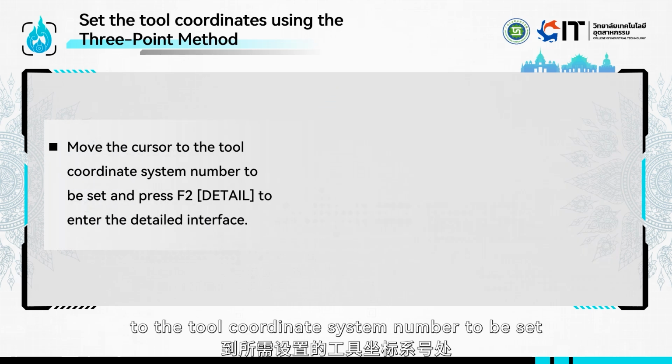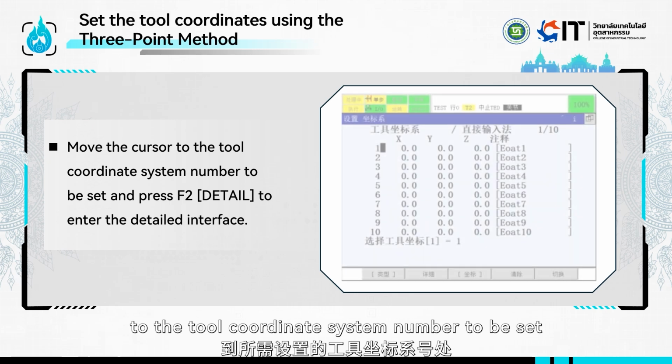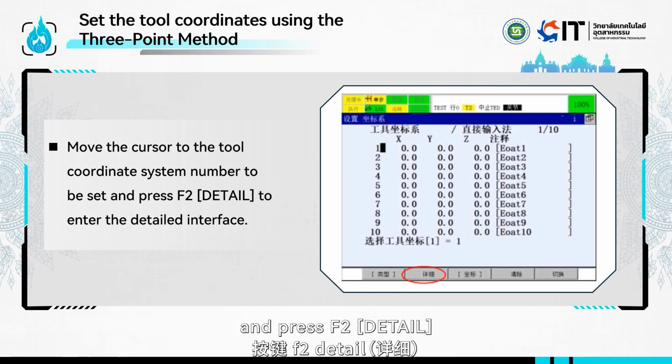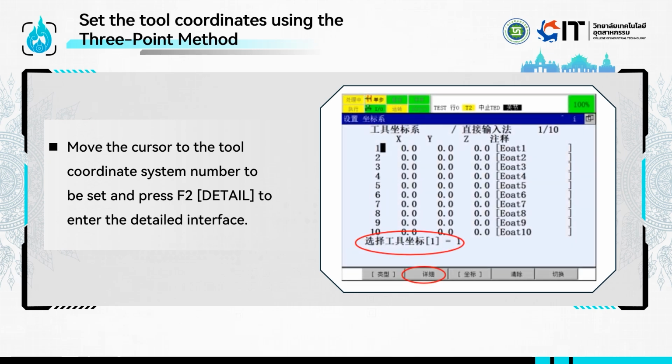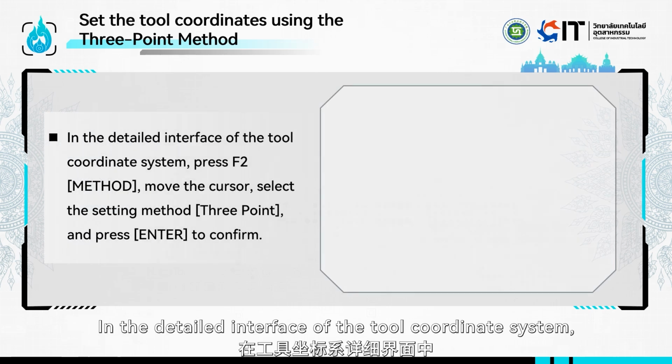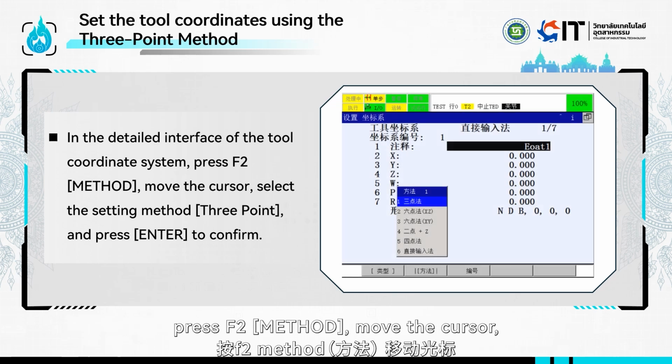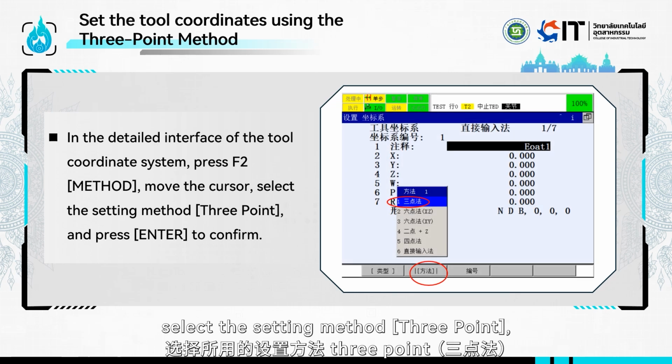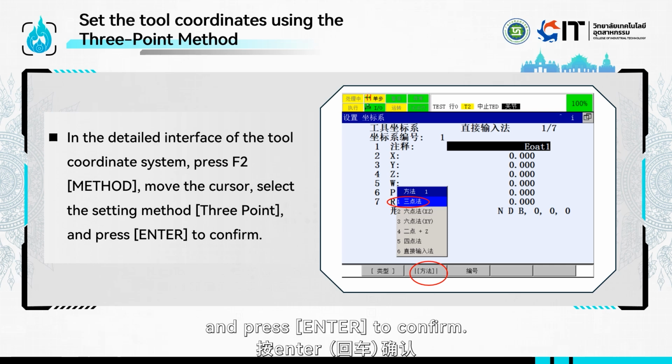Move the cursor to the tool coordinate system number to be set and press F2, Detail, to enter the detailed interface. In the detailed interface of the tool coordinate system, press F2, Method. Move the cursor, select the setting method, 3-point, and press Enter to confirm.